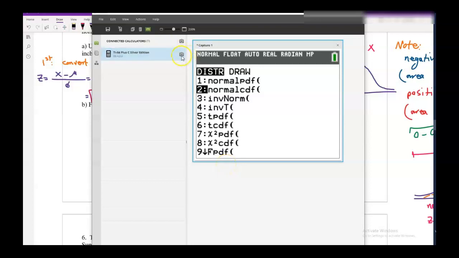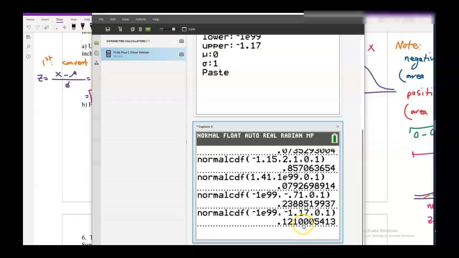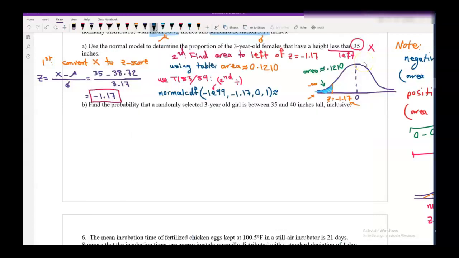Mean is 0, standard deviation 1, then enter. You have to press enter many times until you find the answer. But this is the answer, 0.1210. Since the table rounds to 4 decimal places, I'm doing the same thing on the calculator, rounding the area to 4 decimal places. So again, the answer is 0.1210. We got the same answer using both the table and the TI 83, 84.